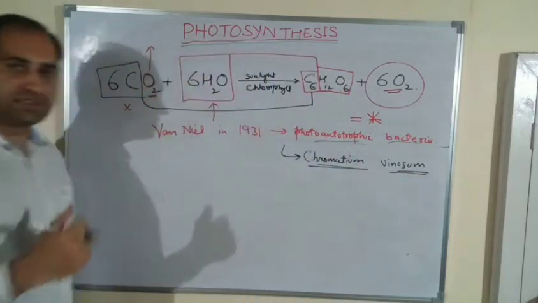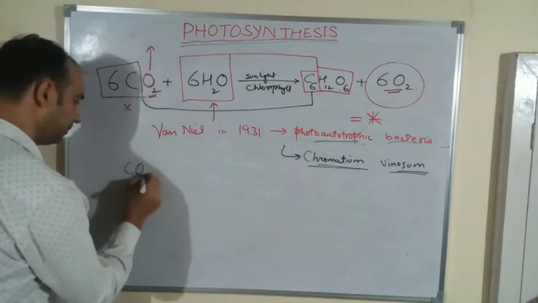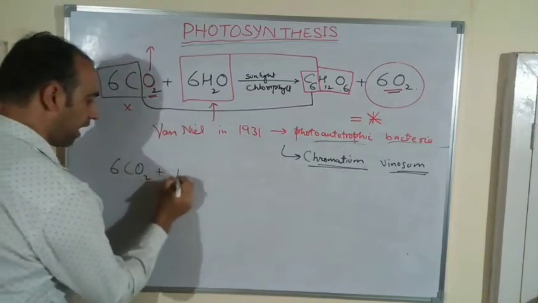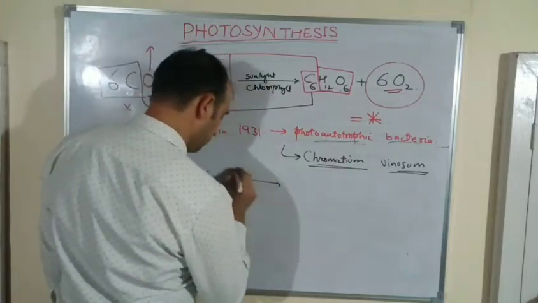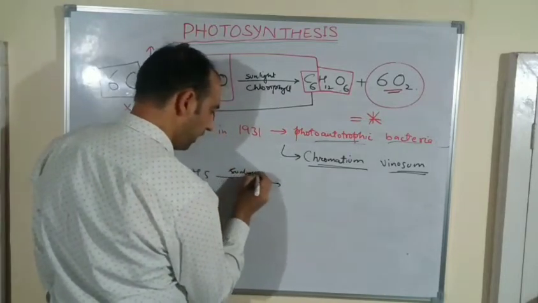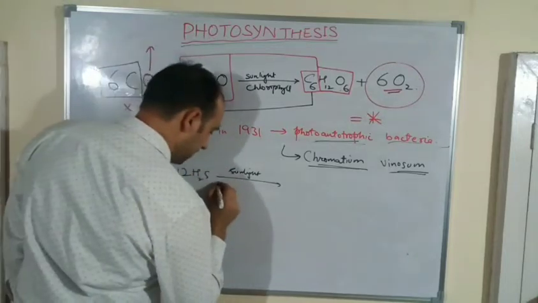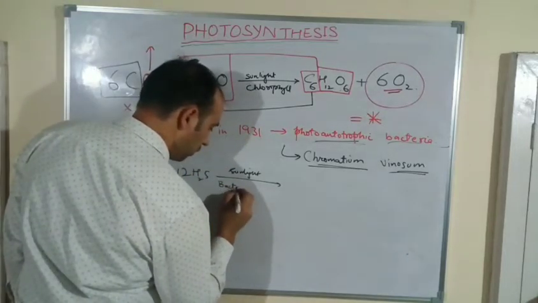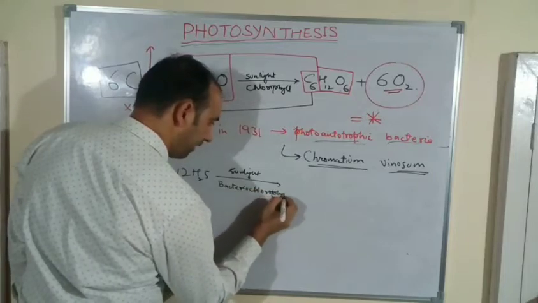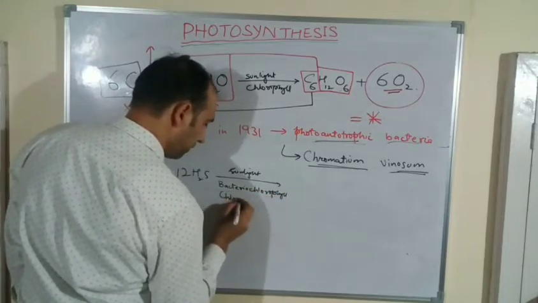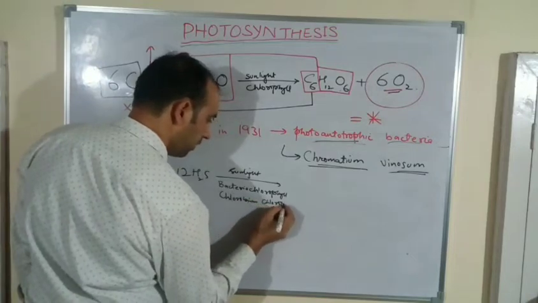This bacterium synthesizes its own food using carbon dioxide and hydrogen sulfide in the presence of sunlight and a special type of chlorophyll known as bacteriochlorophyll, or most probably chlorobium chlorophyll.